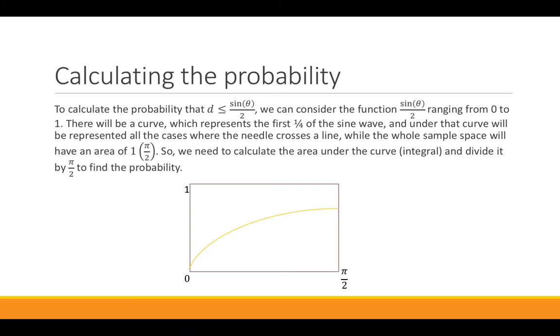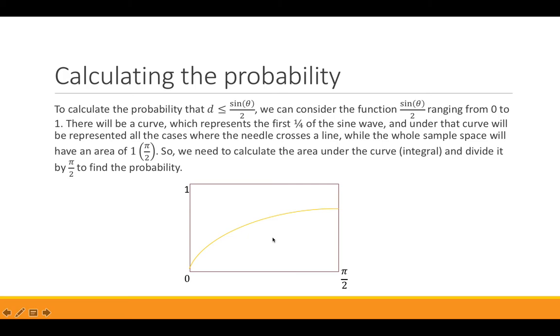So, to calculate the probability that D is less than sine of theta over 2, we can consider the function sine of theta over 2 ranging from 0 to 1. There will be a curve which represents the first 1/4 of the sine wave. You can see how it's going to continue.